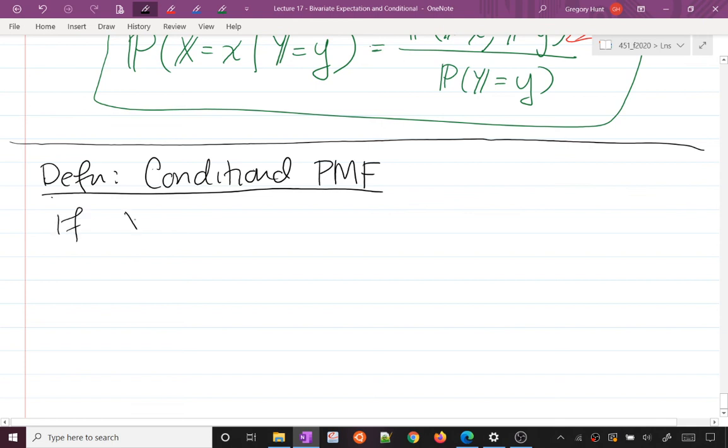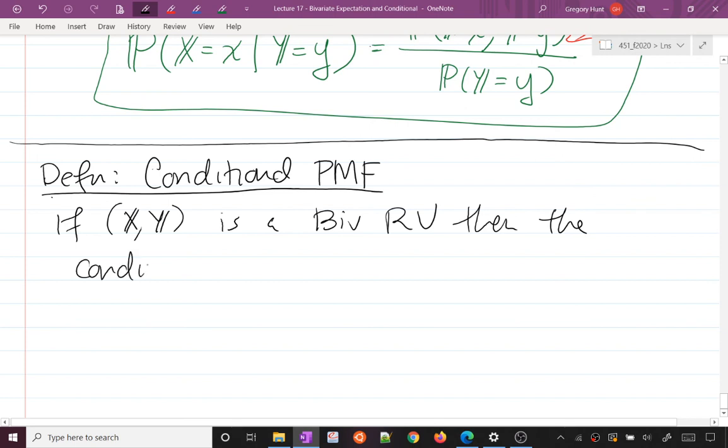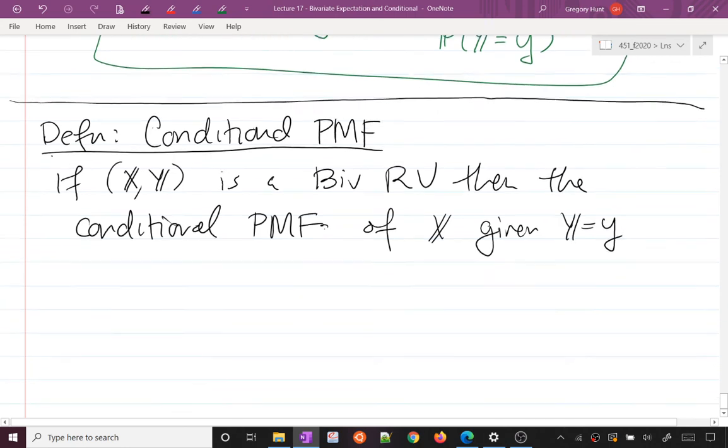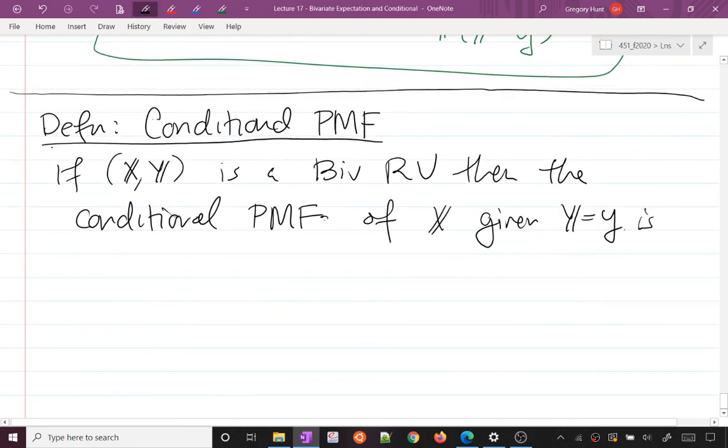If x comma y is a bivariate random variable, then the conditional Pmf of x given y is equal to some value is defined basically using that exact argument.